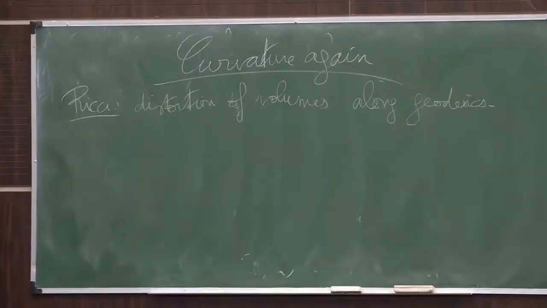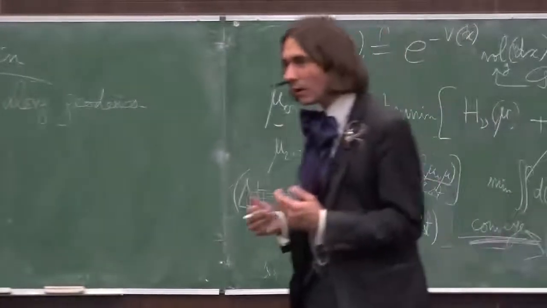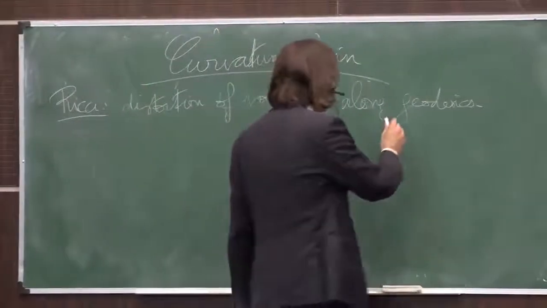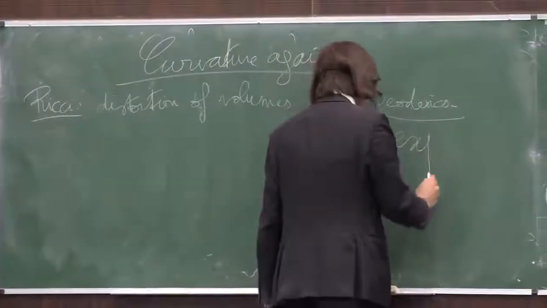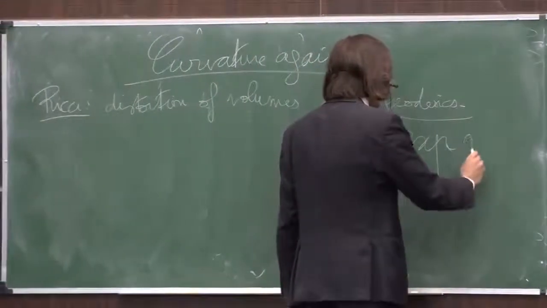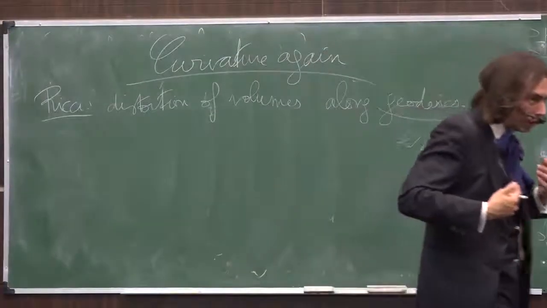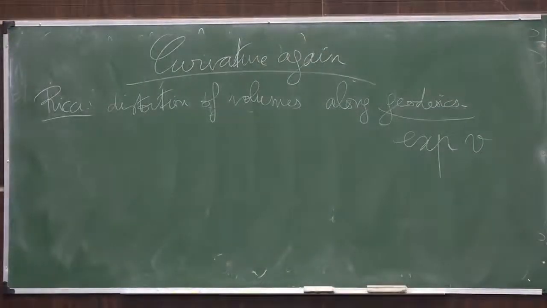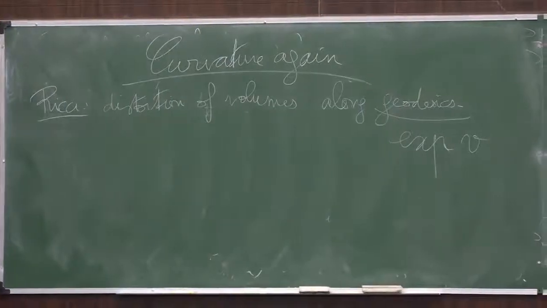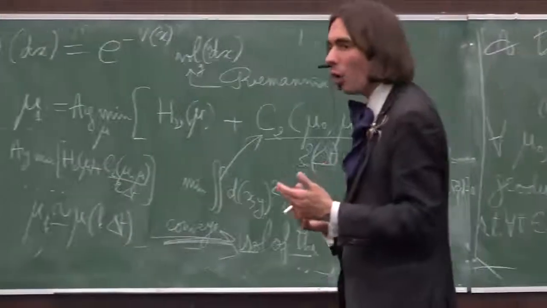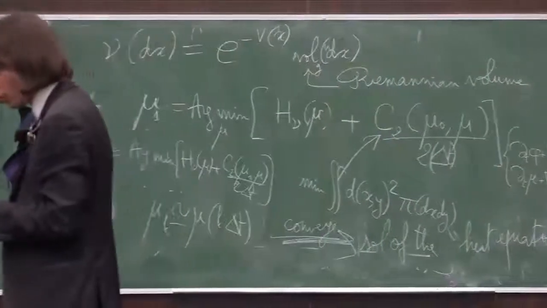Geodesics are contained in one single object, which is the exponential map. That is, if you give yourself a vector field V, by going along the geodesics generated by this vector field, you are going along the exponential map, and we want to know how this distorts the volumes.